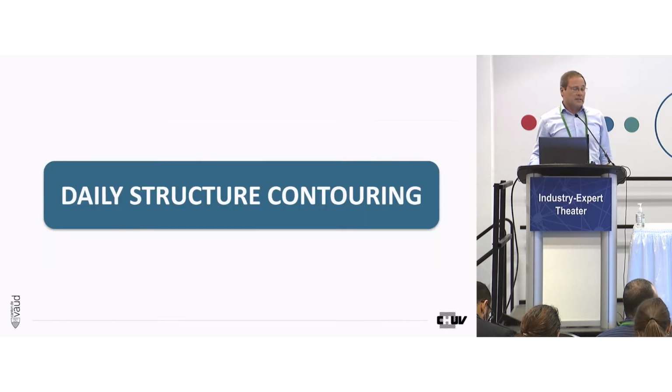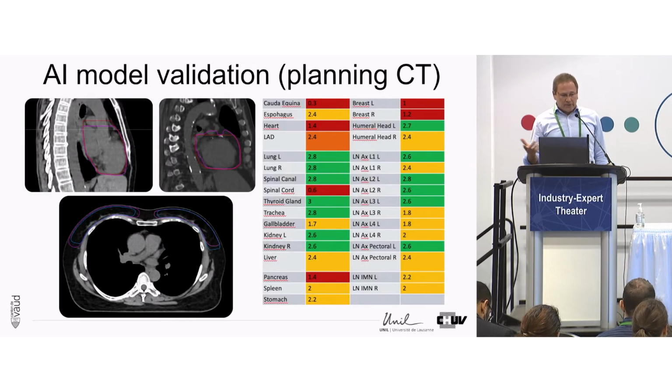The first thing is the daily structure contouring. In collaboration with research, we have validated a model for auto-contouring for the thorax and particularly the breast. What you see is the result of the validation on planning CT, so on normal CT.